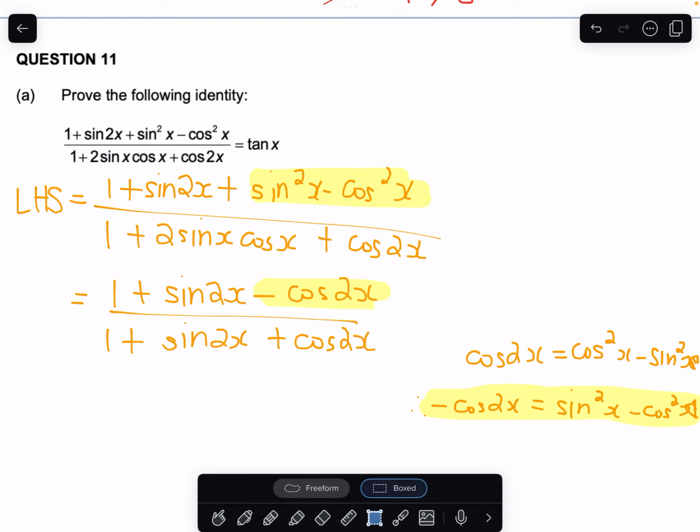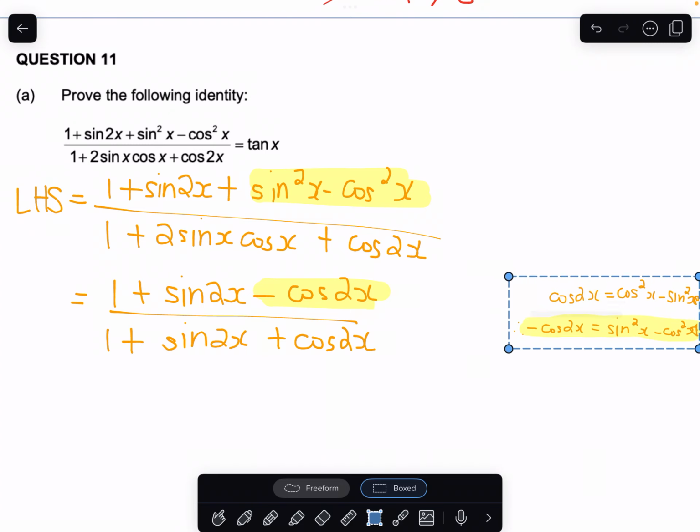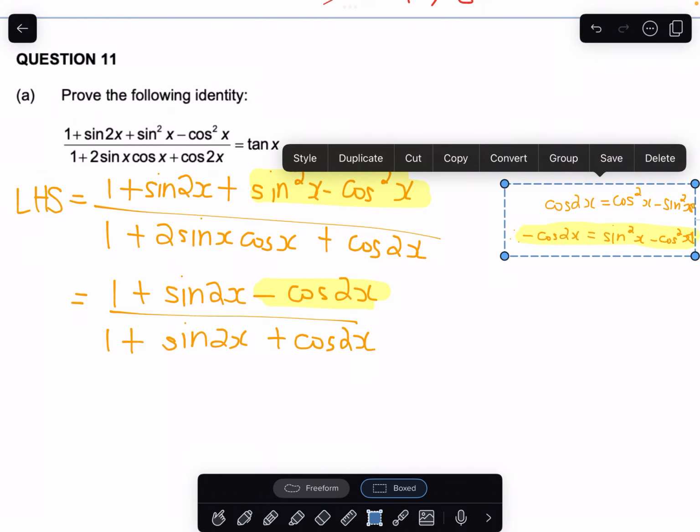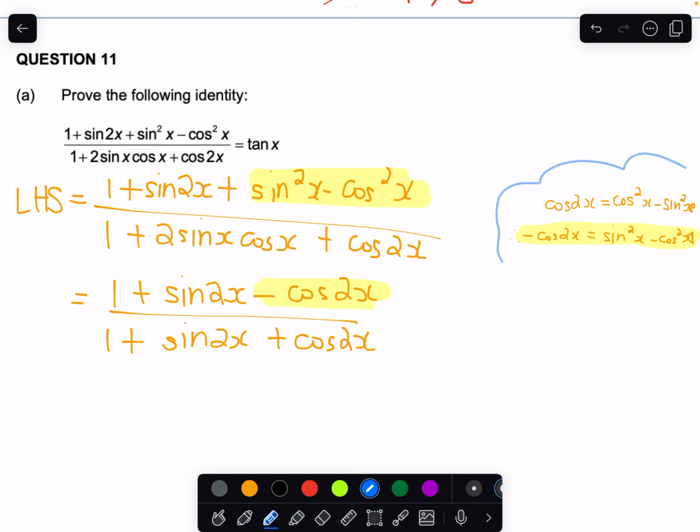So now, remember that in order to cancel things, you can't cancel if there's more than one term either at the top or the bottom. So I want to get the top to look like the bottom.